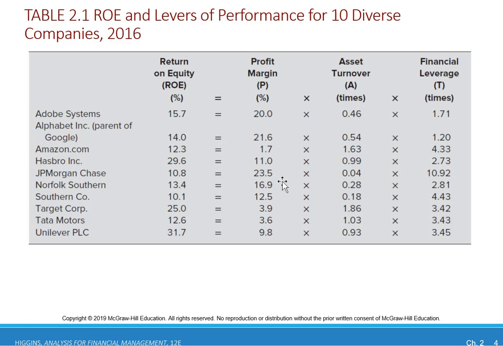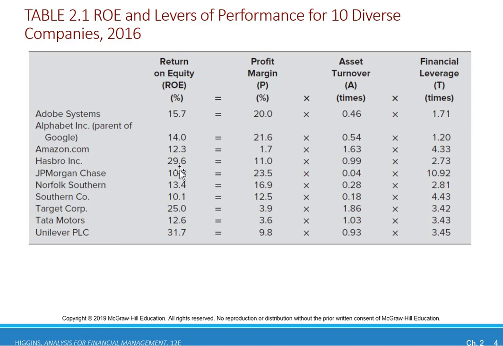So if you look at these, right, even though it's 10.8, it seems like it's kind of in the middle here. One of the things this company should be looking at, I would hope, is their efficiency with using the assets that they have. If we look at the number that's the biggest number, go down here. Here's Unilever. Let's think of Target because everybody knows Target's 25%.